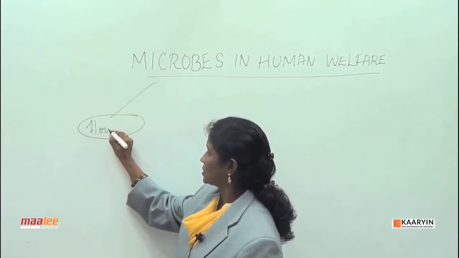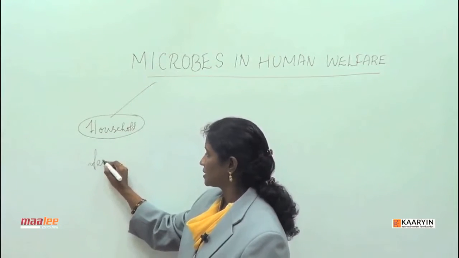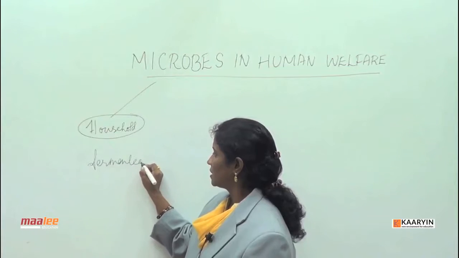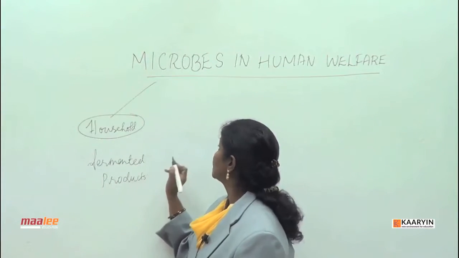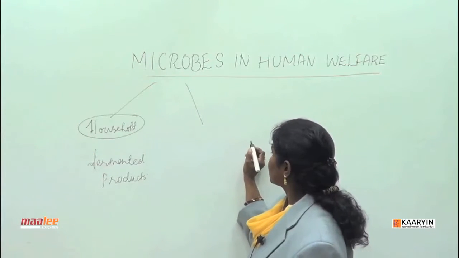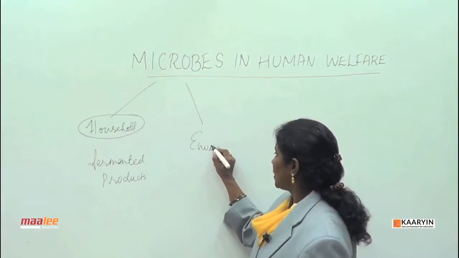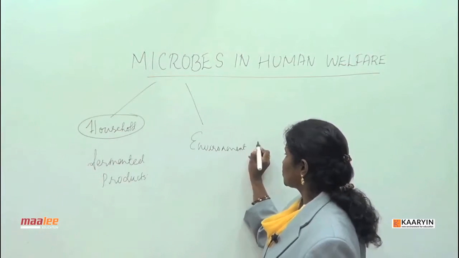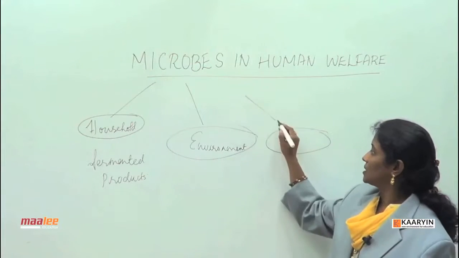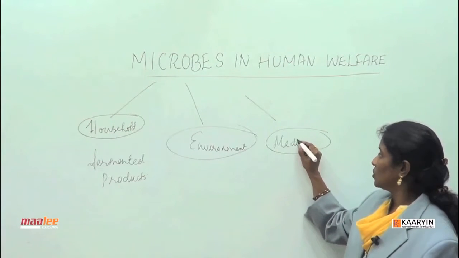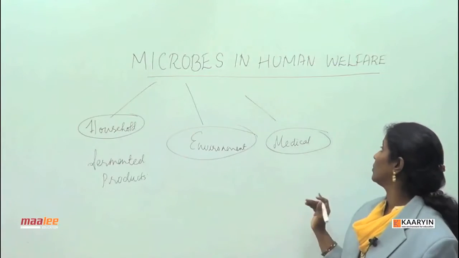In household usage, it has been used for making fermented products, like solid products like curd and yogurt, as well as liquid products like fermented drinks. Then we have its application in the environment, where it can be used for environmental cleanup, and the medical applications are indeed very many, because today we are getting many life-saving drugs from medical biotechnology.